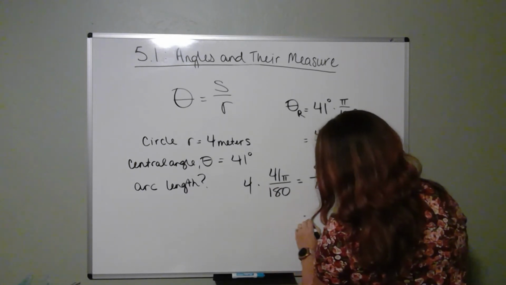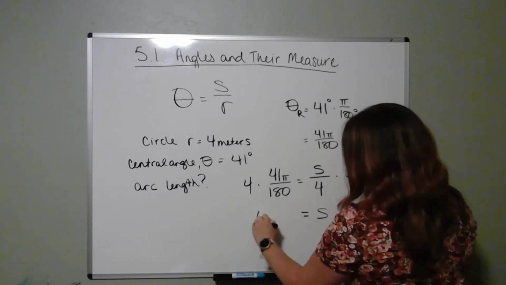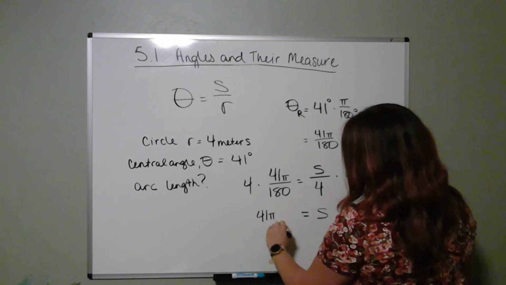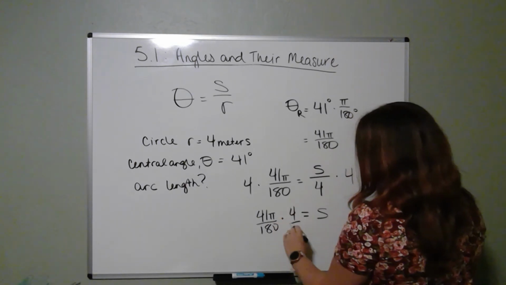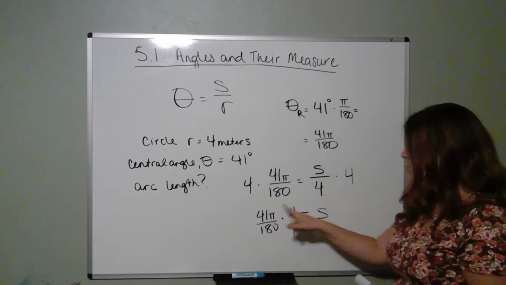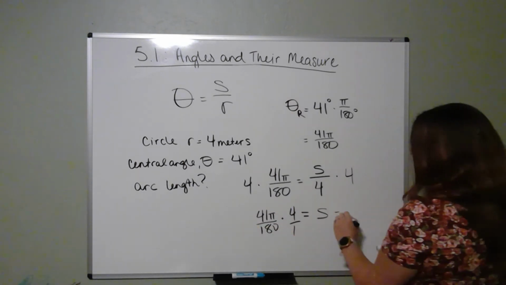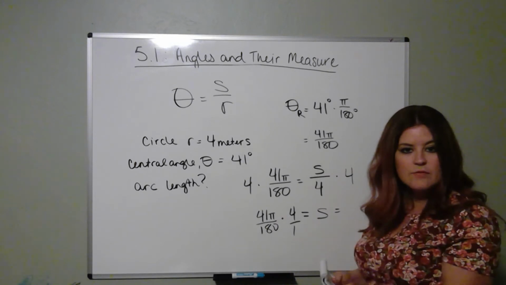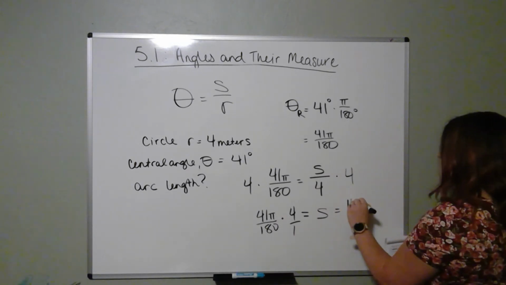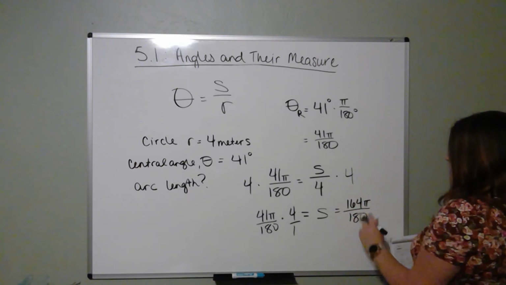So with S by itself, I have the 41 pi over 180 multiplied by 4. Remember, that's just 4 over 1, so this 4 is actually going on top. Another way to write that is 41 times 4. That's 164, right? So it'd be 164 pi over 180.